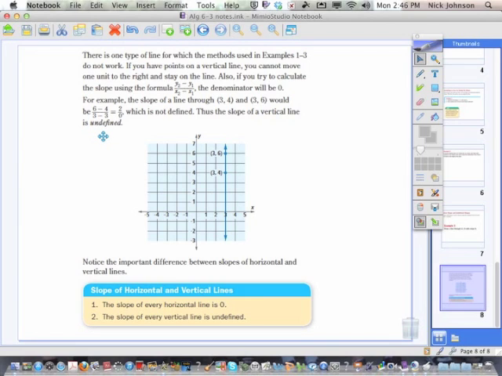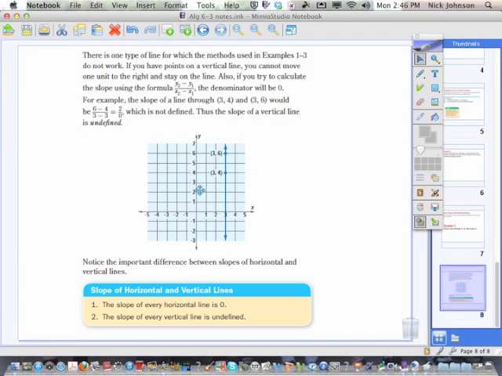You want to write that down. Slope of a vertical line is undefined. And if you need to write yourself a little note, undefined means division by 0. So 2 divided by 0, 4 divided by 0, whatever. If you notice, 3 comma 6, 3 comma 4, what should you notice about those 2 points?